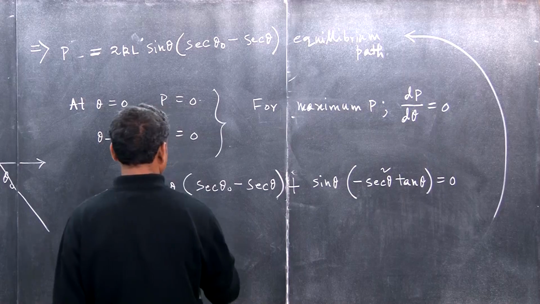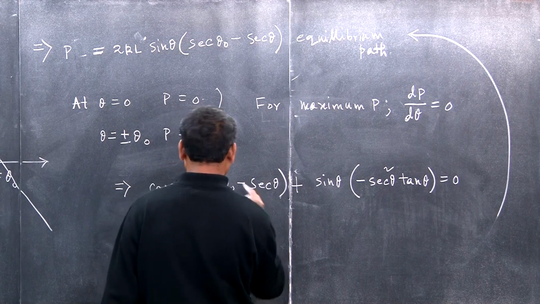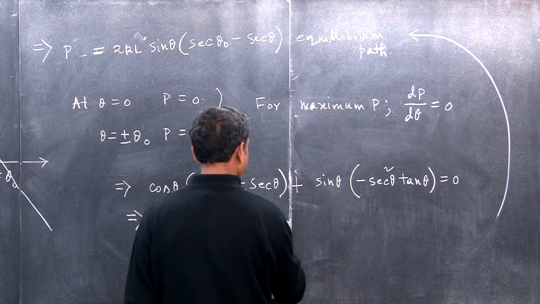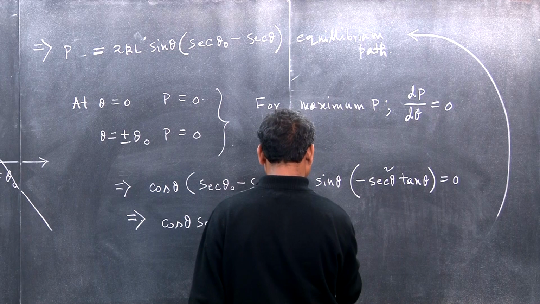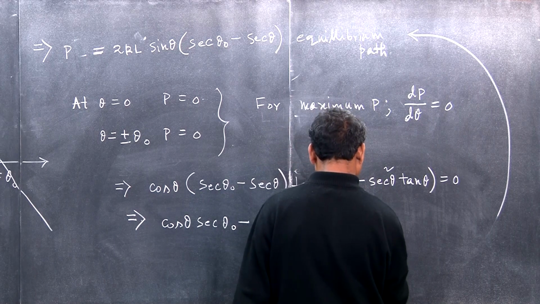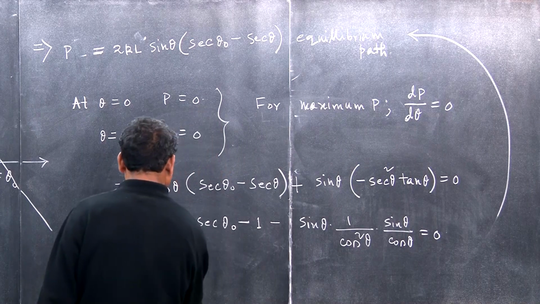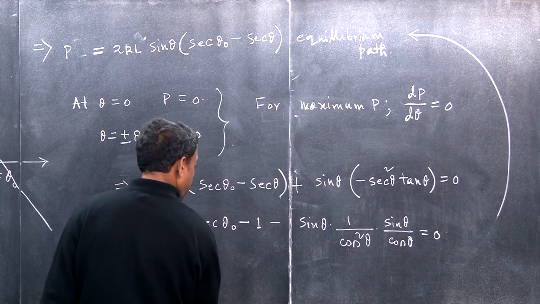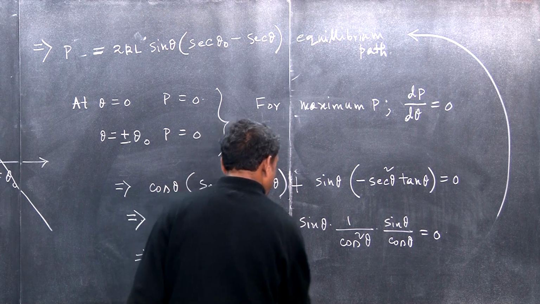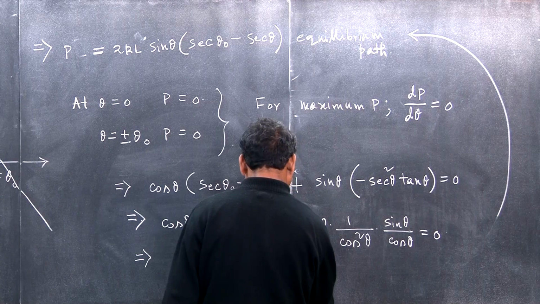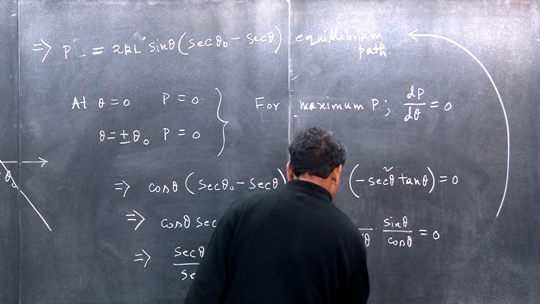So, cos theta sec theta 0 minus cos theta sec theta, which is 1, minus sin theta into sin theta by cos square theta into 1 by cos theta, is equal to 0.